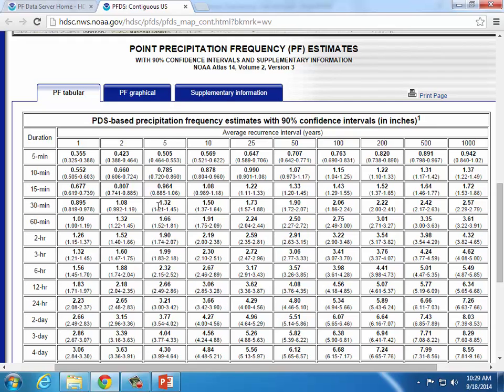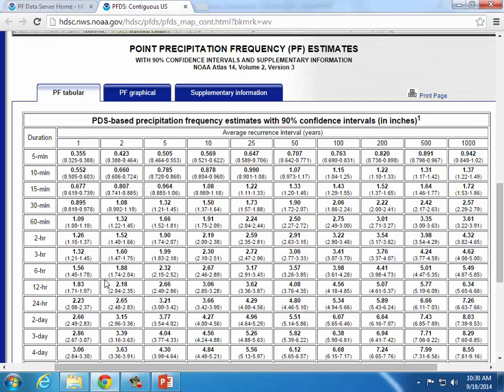Also look at the difference in different rows. So a 5-minute depth for the 5-year storm, it's only 0.5 inches. The 10-minute, 0.7. The longer the storm, the more the depth is going to be, even if the intensity is going down. Because remember, a 24-hour storm is going to be less intense than a 1-hour storm.